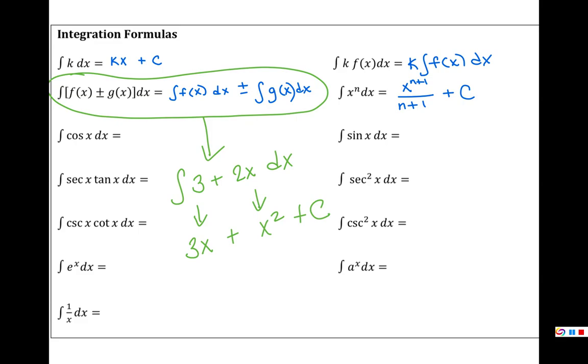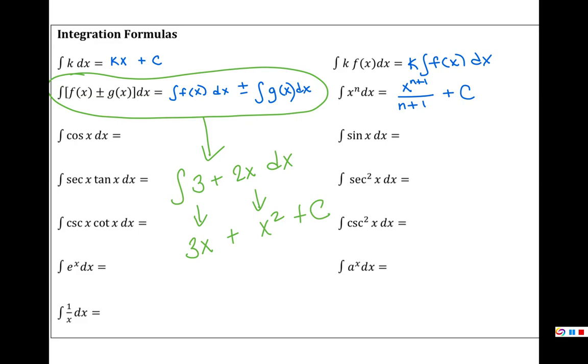We just learned that when you have a constant, like 3, you just tack on an x, you get 3x. And earlier in example 1, we saw that the antiderivative of 2x was x squared. You don't have to tack on the plus c twice, you only put it on one time at the end. So 3x plus x squared plus c.